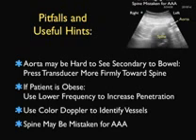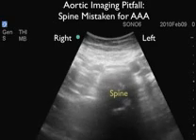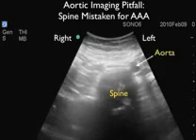And just be careful because at times the spine may be mistaken for a AAA using B mode or grayscale sonography. The first pitfall that I want to show in video is the mistaking of the spine for an abdominal aortic aneurysm. And here we can see as I scan through the area of the abdomen using B mode or grayscale imaging that the spine comes into focus posteriorly within this video clip.